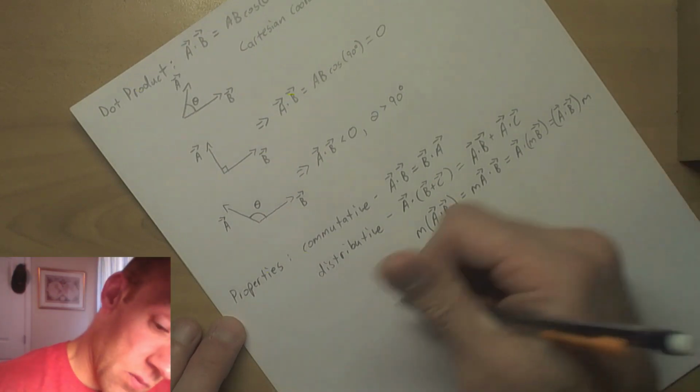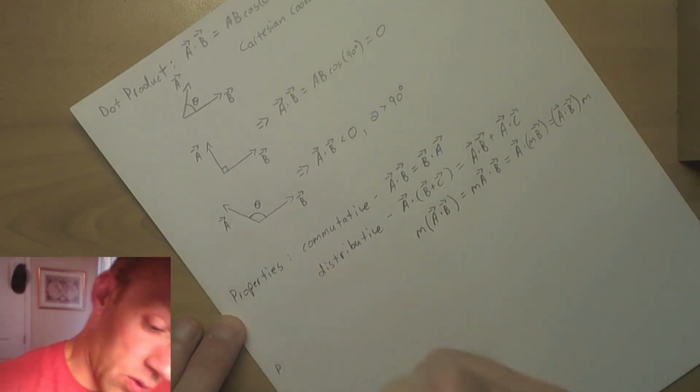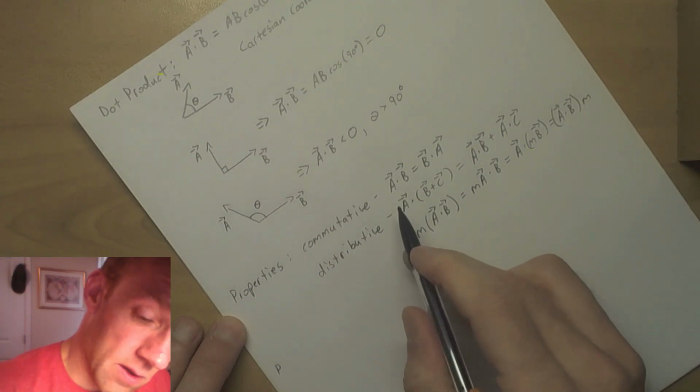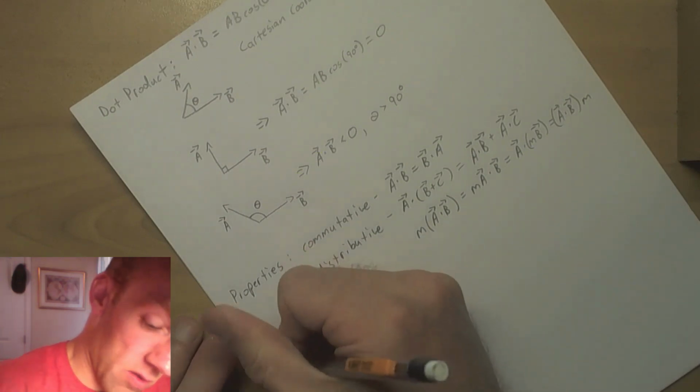But one very useful purpose for the dot product is what's called projection.